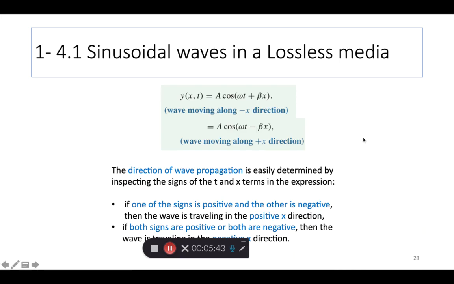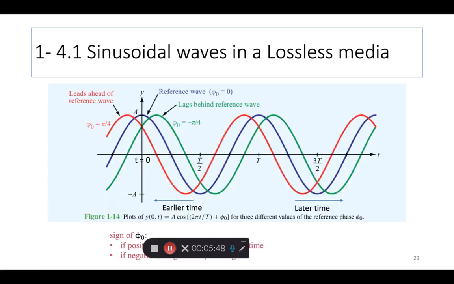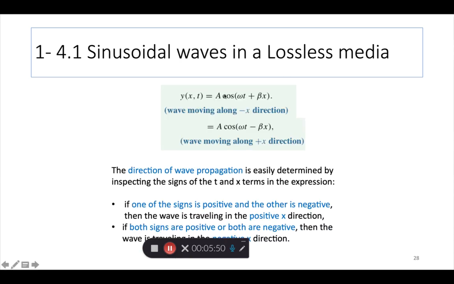Alright, so last thing before we move to lossy media, I think a couple more things. One, is the wave moving along the plus x direction or the minus x direction? There's a rule here: if the signs of these two coefficients are opposite, one positive and the other negative, then that wave is moving in the positive x direction.